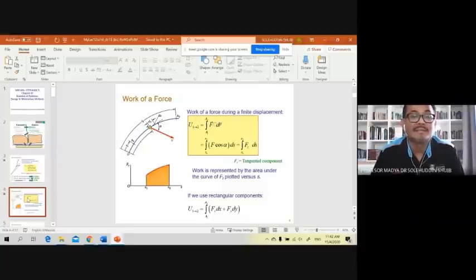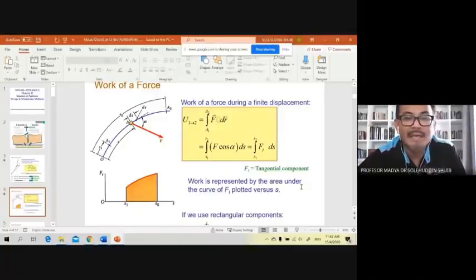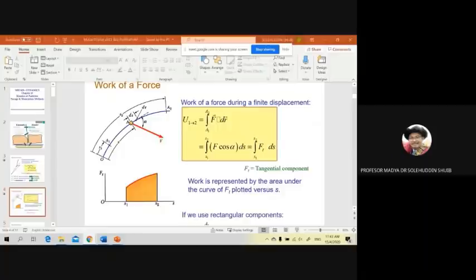To explain the figure, we have the particle moving from A1 to A2, and we want to find the work done.